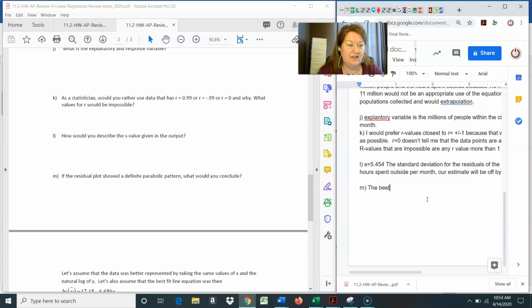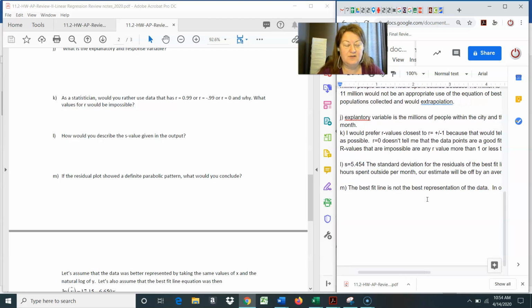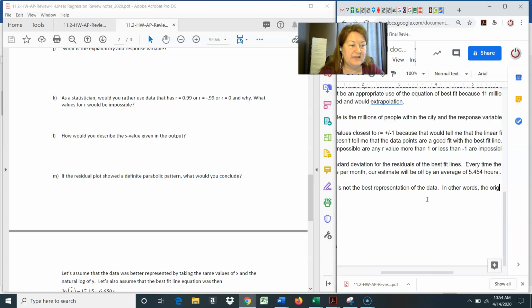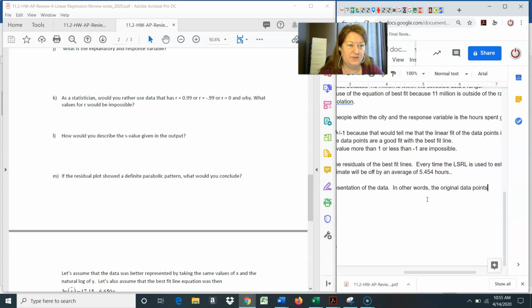Okay, so the best fit line is not the best representation of the data. Okay, in other words, the original data points, and I have not used context again, so I'm going to bring it in here.